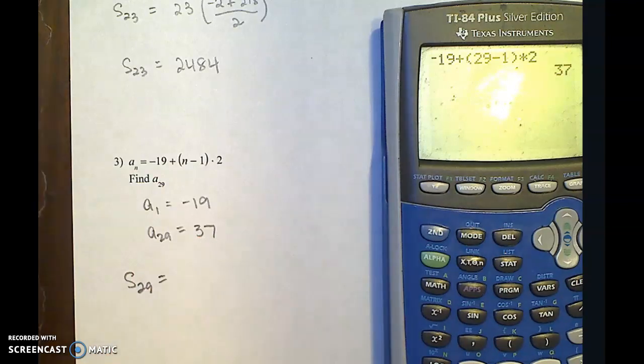Again, this is the formula for finding the sum of an arithmetic sequence. So this is an arithmetic sequence using the formula for the first 29 terms.